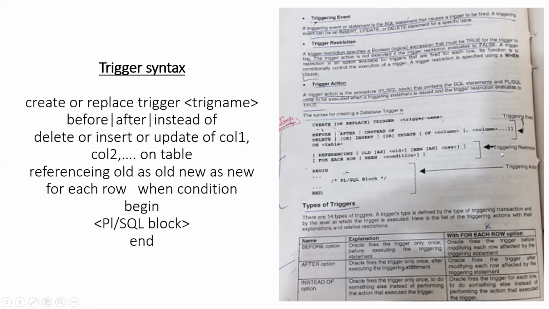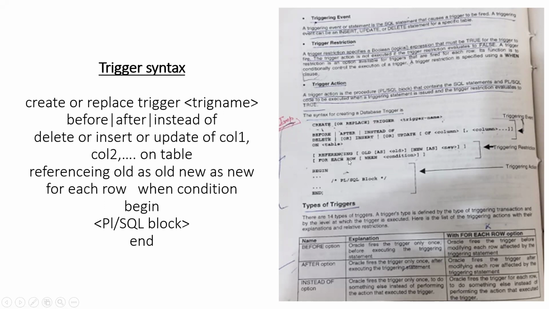Next comes the triggering restriction. When you are using some condition and that condition returns true, only then is your trigger going to fire. When we have row triggers, we write the clause for each row, and when we need to specify some condition, we can specify it with the when clause, when condition. This when condition is there only in the case of row triggers.